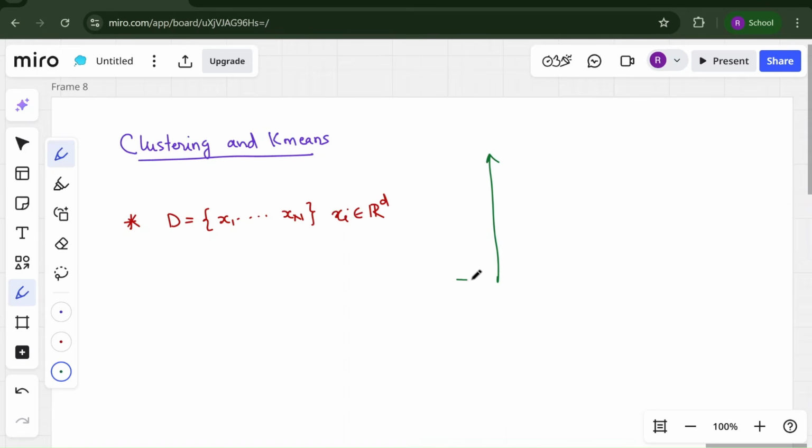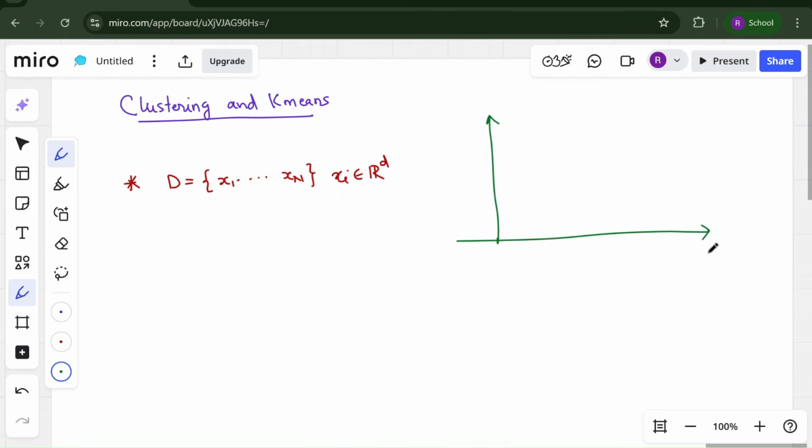Let's say you have a data set in R2, where you have income on the x-axis and expenditure on the y-axis, and let's say you have some data points here, some data points here, some other data points here, and some data points here as well.